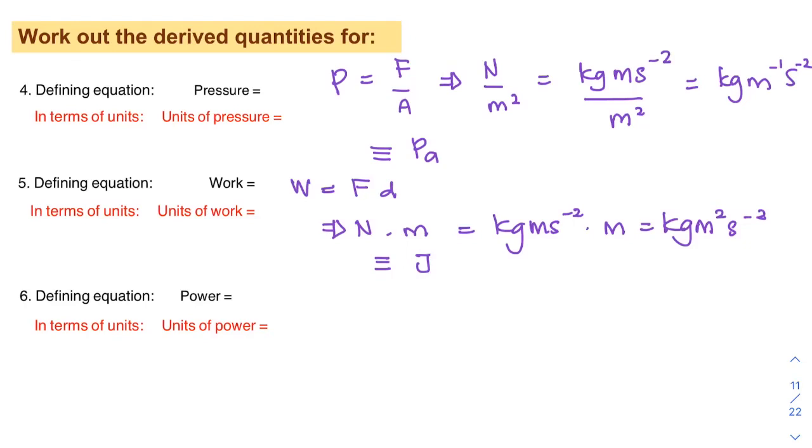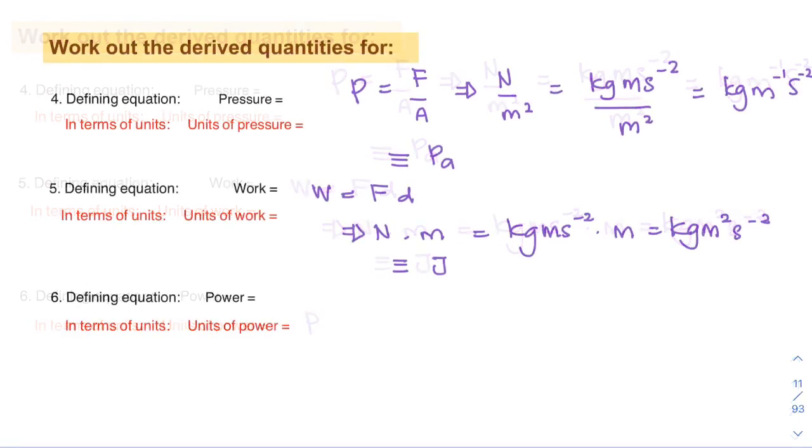And then the next one is power. The symbol is almost the same as pressure, but it has a different meaning. The formula of power is work over the time taken for that work to be carried out, so it's also known as the rate of doing work. The unit of power is the unit of work, joule, over the time taken, which is second.